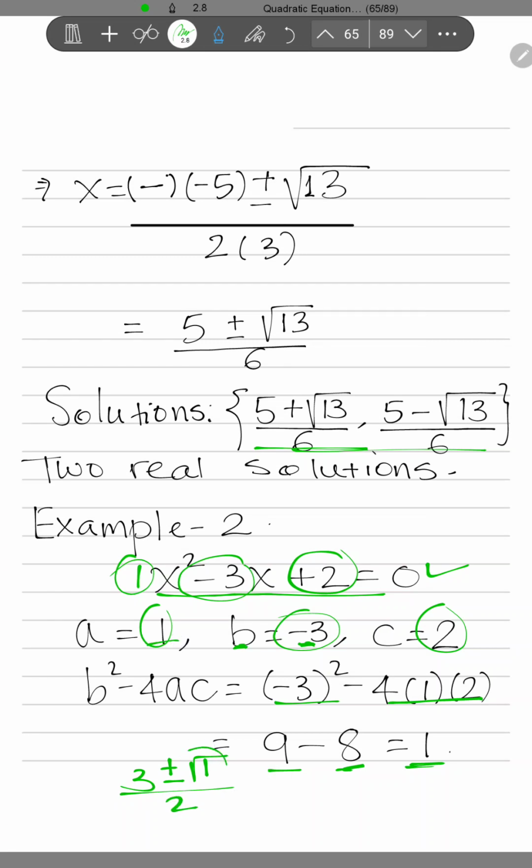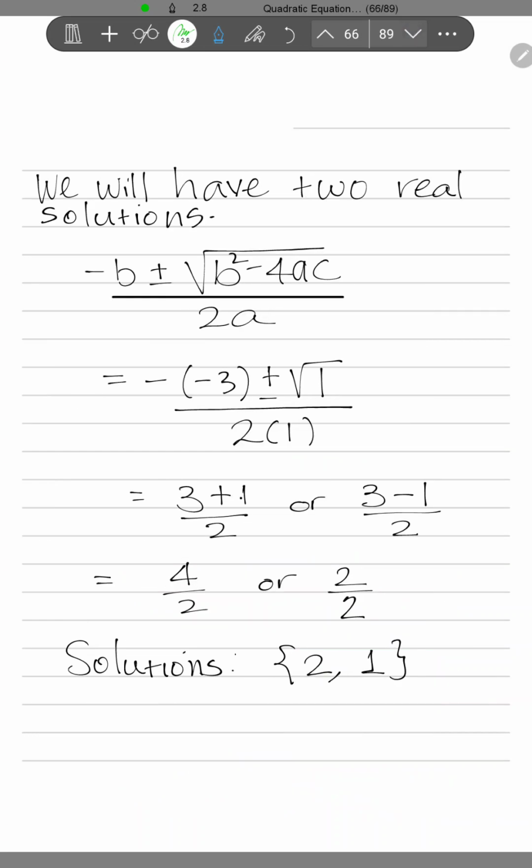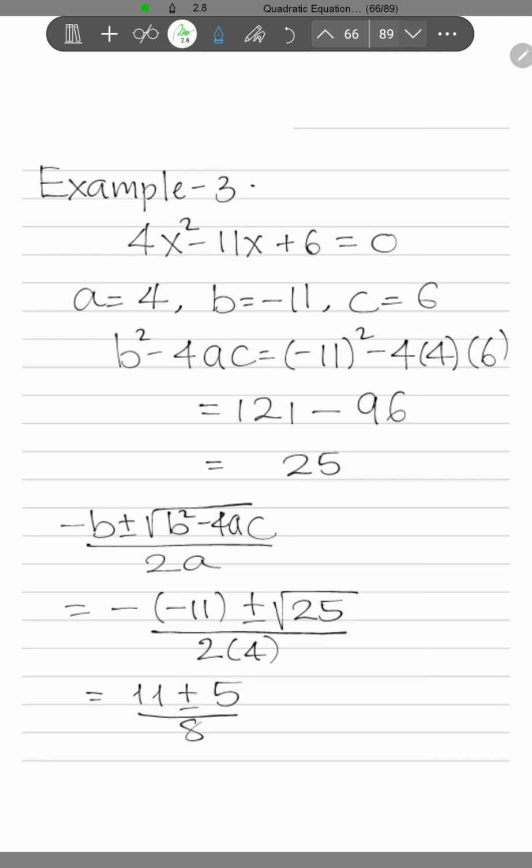The square root of 1 is just 1. 3 plus or minus 1 divided by 2 is either 3 plus 1, which is 4 divided by 2, or 3 minus 1 is 2 divided by 2. So we have two solution sets. One is 2, the other one is just 1. So these are the two solution sets of this quadratic equation.